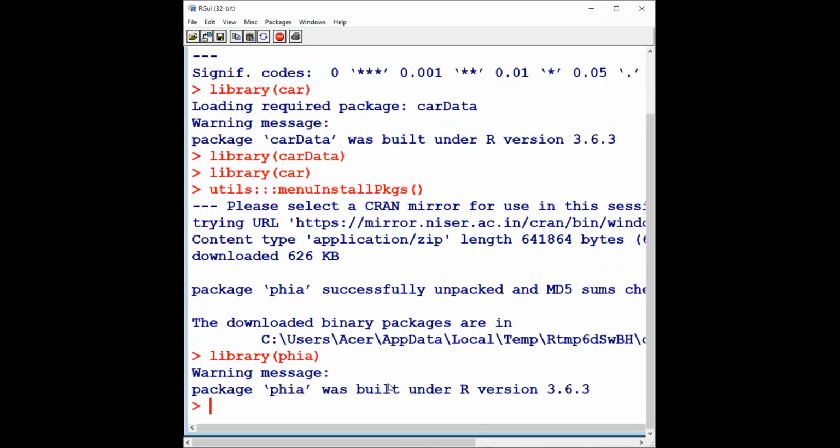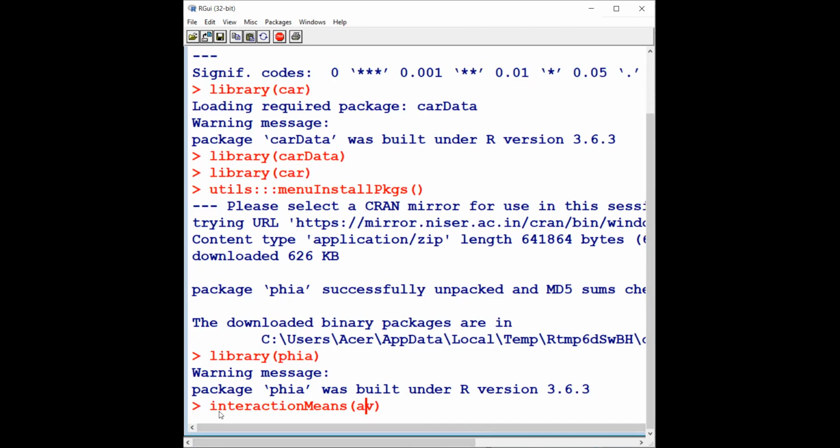And then after that, I'm going to use this function interaction.means, which will give you the means effect plot. Here you have to give the name of the model, the name of the ANOVA model. I have used AV as the name of the ANOVA model that I have fitted.